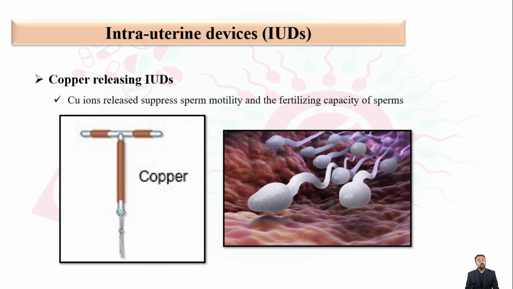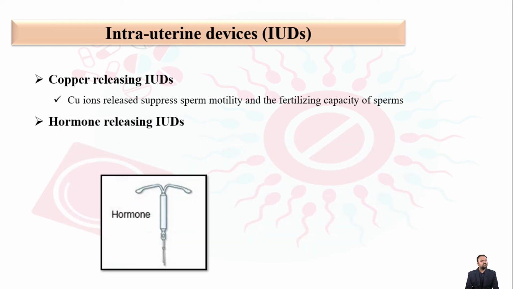Now students, the presence of copper ions in the uterine fluid suppresses the motility of the sperm, thereby making it easier for the macrophages to engulf them, and also students, copper ions reduce the fertilizing capacity of the sperms.